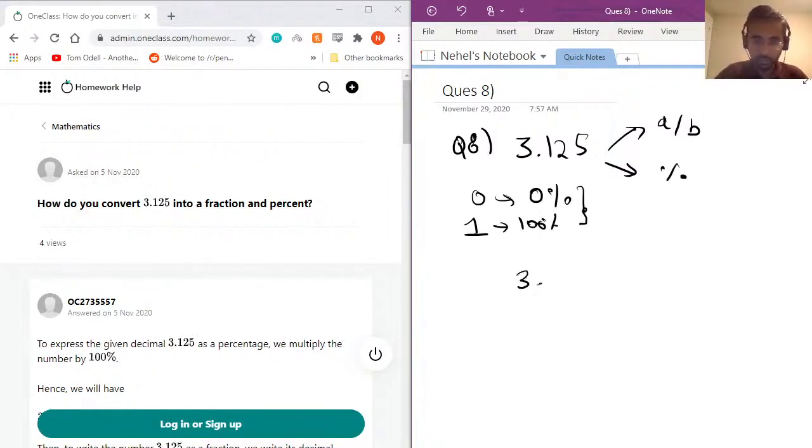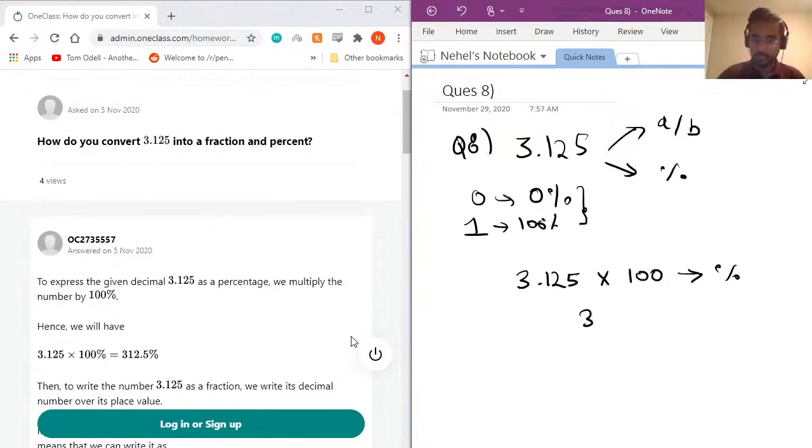So 3.125 times 100 makes it into a percent. So we would get 312.5%.